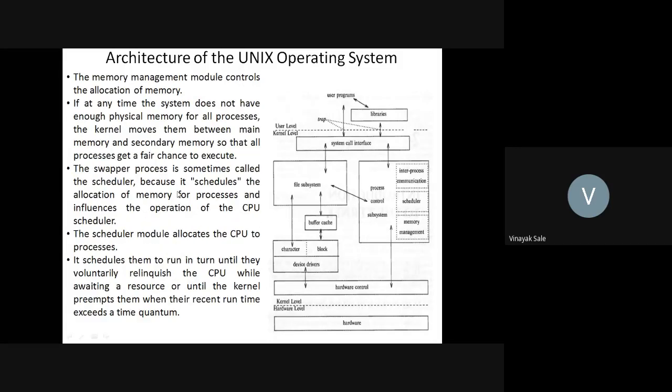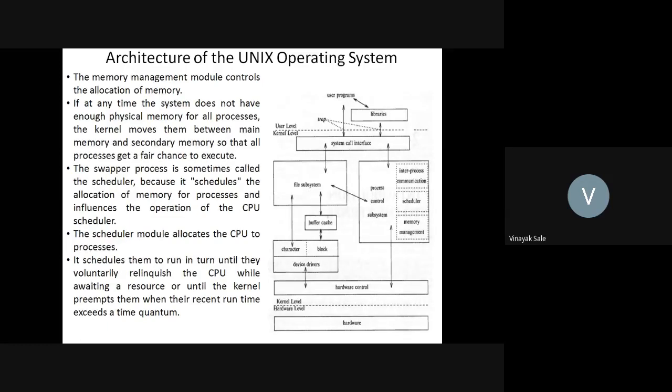The memory management module controls allocation of memory. If at any time the system does not have enough physical memory for all processes, the kernel moves them between main memory and secondary memory so that all processes get a fair chance to execute.